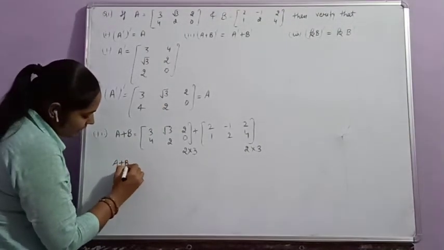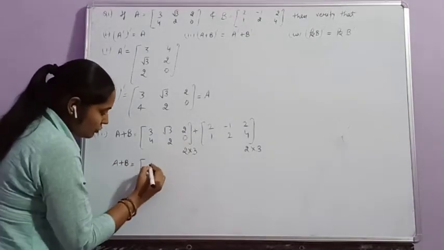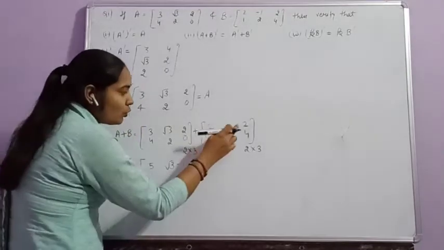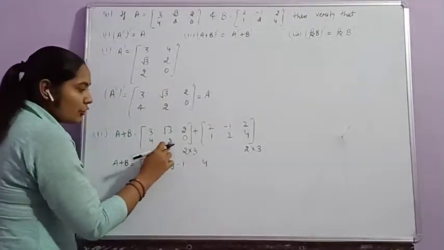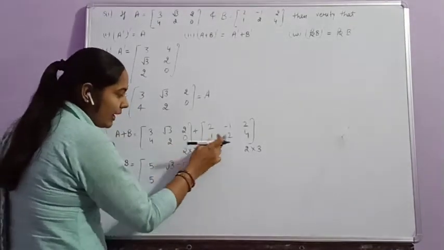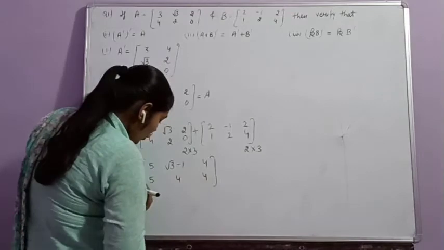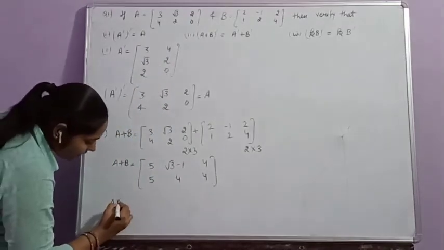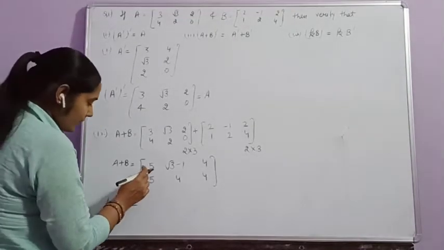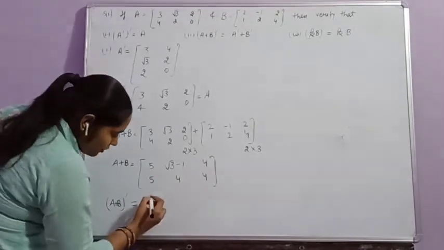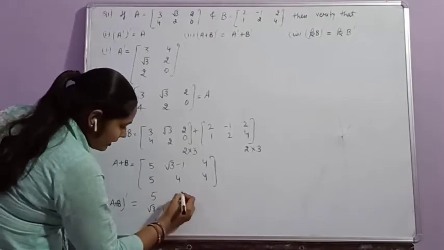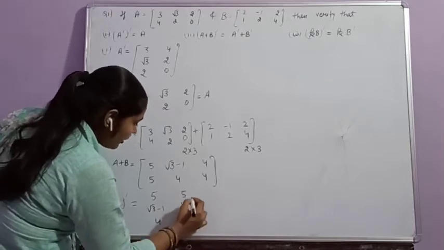So A plus B is equal to 3 plus 2, that is 5, root 3 minus 1. 2 plus 2, that is 4. 4 plus 1, that is 5. 2 plus 2 is equal to 4 and 0 plus 4 is equal to 4. Now we have to find its transpose. A plus B transpose is equal to, its first row will become its first column, 5, root 3 minus 1 and 4. Now 5, 4, 4.